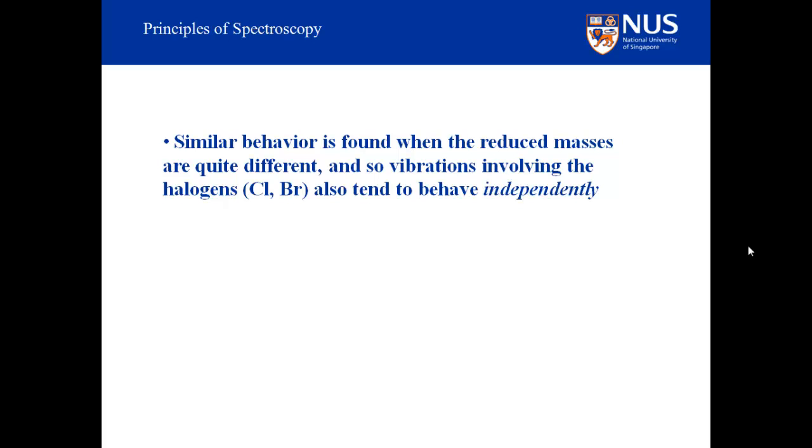Similarly, if we look at the vibrations involving halogens, and say we go from fluorine to bromine, because their atomic mass is increasing, they tend to also greatly increase their reduced masses, and therefore the vibrations are going to be at much different frequencies and can largely be treated as vibrating independently from the rest of the molecule.